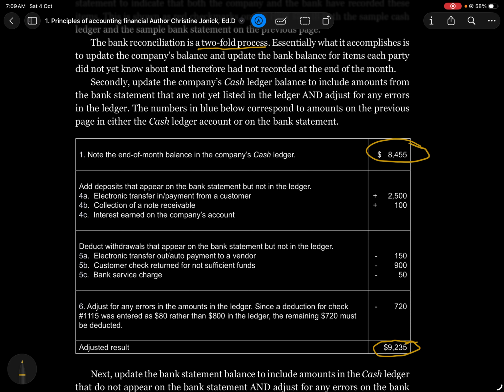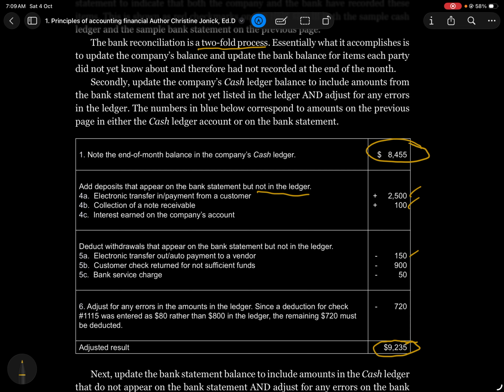So we would analyze individual transactions. Deposits that are there in the bank statement but not in the ledger, we will need to add to our ledger as well, such as electronic transfers and collections. And withdrawals that are in the bank statement but not in our ledger, such as payment to a vendor.